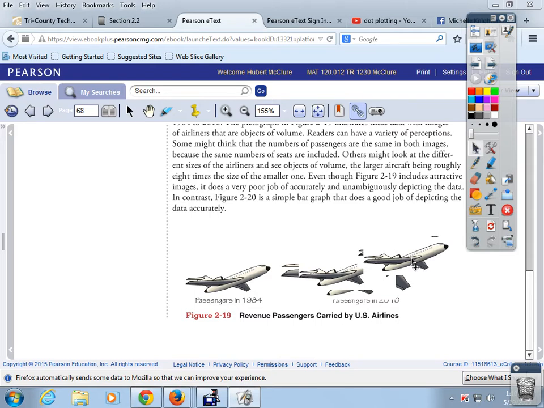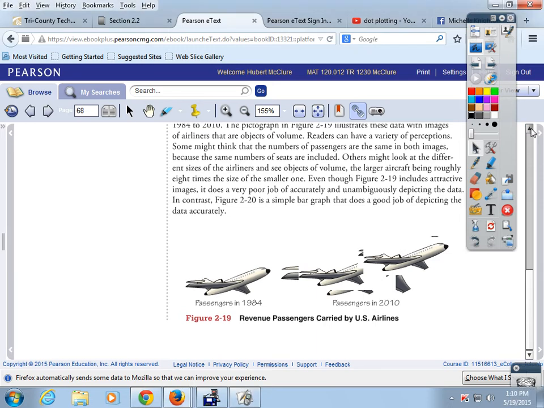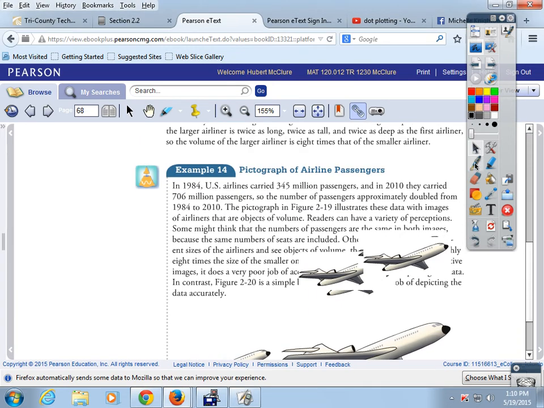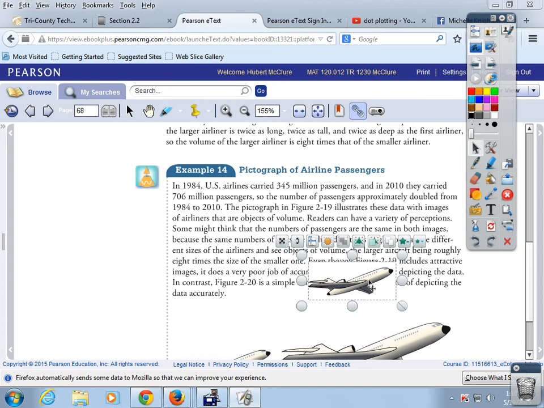Now, I don't know what they did say. 8 times. So what is that saying? What is the pictograph saying? Is it accurate? No, it's not. Pictographs are least accurate. Alright? Pictographs, you have to watch them.